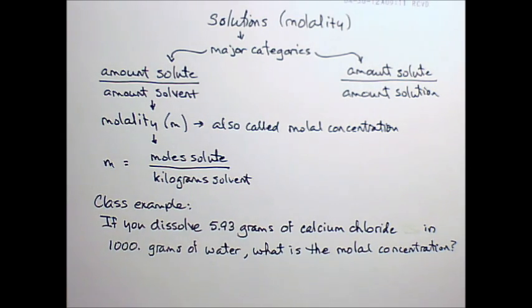Please write the fraction now. It's a chance for you to start learning to do this. Write the fraction now, where you put the amount of solute, the way it's listed in the problem, over the amount of solvent, the way it's listed in the problem. Do the work now. If you're doing it in pencil, it doesn't matter if you get it right, but it's a chance for you to practice and build those mental muscles.